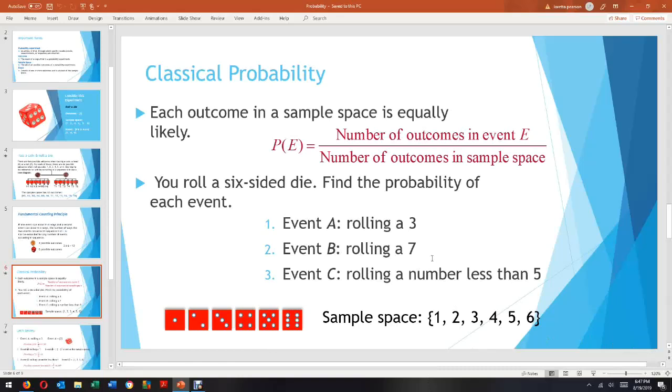Event B, rolling a 7, turns out there is no 7 in our sample space, and consequently the number of favorable outcomes is 0, and therefore the probability of that event would be 0. Event C, there happen to be 4 numbers in that list that are less than 5, so the probability of rolling any one of those would be 4 out of 6.